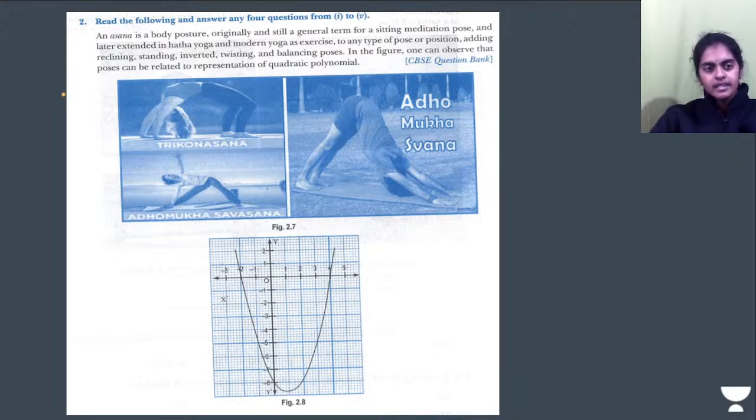In the figure, one can observe that poses can be related to representation of a quadratic polynomial. So as you can see, the asanas, whatever you are able to see here.